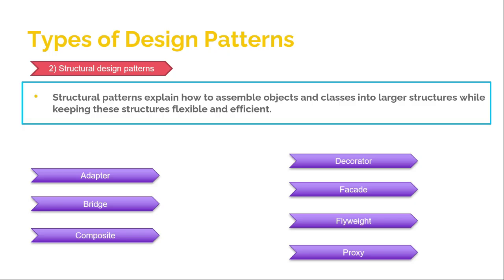Suppose you are going to a car manufacturing company. They will create all the parts separately, and they will have the assembly unit. In that assembly unit, they will assemble all the individual parts of the car, and they will create a car actually.